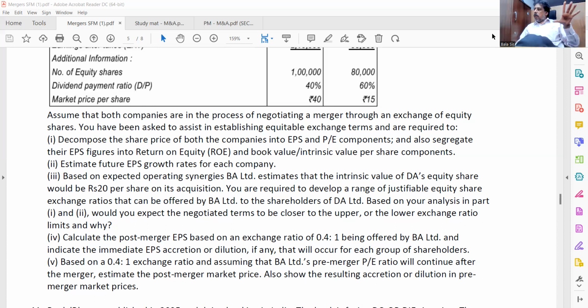So even on that 0.6 profits retained, your company will earn 17.5%. So that is our formula for growth rate. In fact, you would have done this in your intermediate also in the new syllabus. That is Gordon's formula. So Gordon's formula for growth rate is retention ratio multiplied by return on equity.